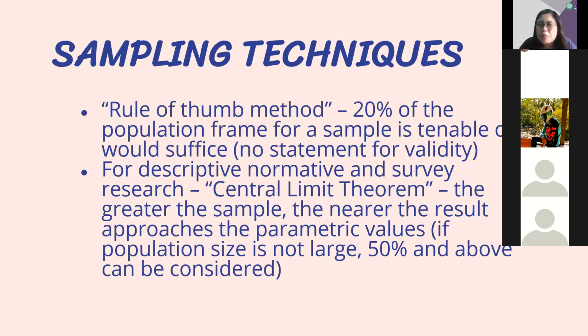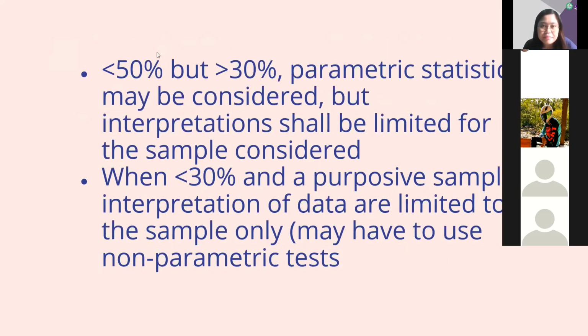Most of the time, it will be 50% and above. Pwede natin yan siyang i-consider so that our results can also be called valid. Okay? And parametric yung values natin, we can do parametric testing or parametric na statistical testing.